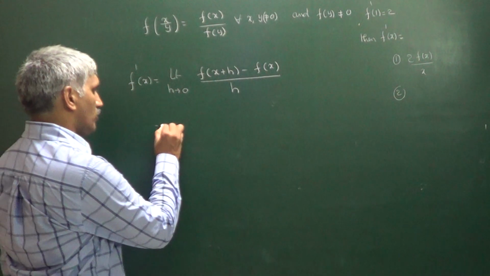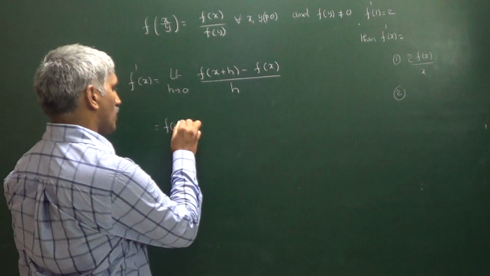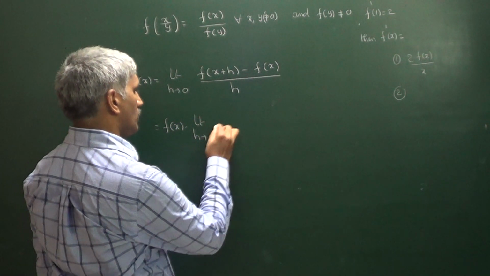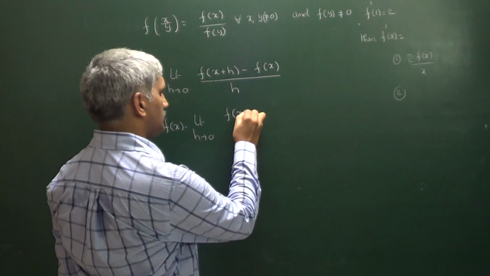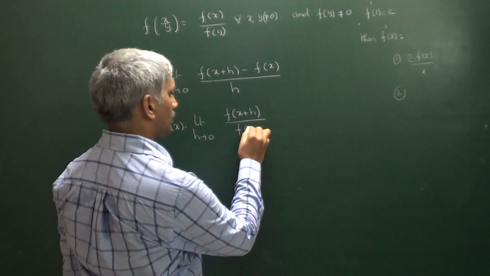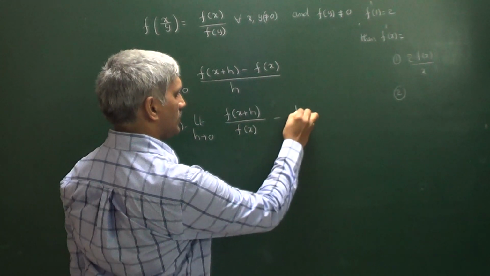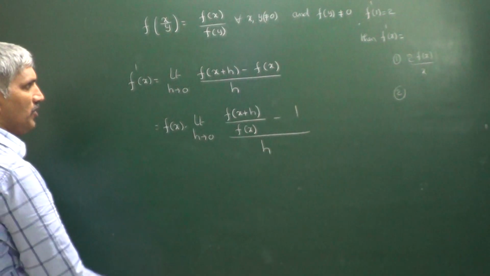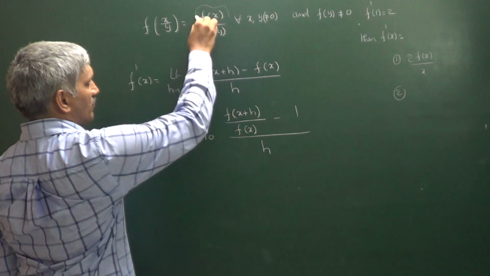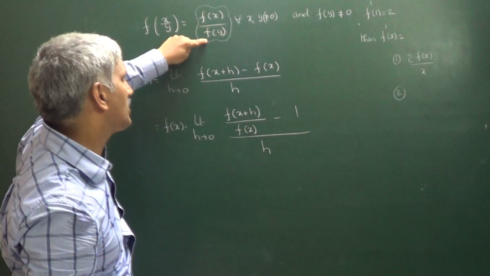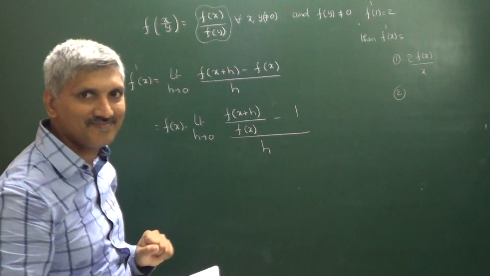So if you take f of x common, f of x into limit h tends to 0, f of x plus h divided by f of x minus 1, whole divided by h. Check now, can we apply this functional equation or not? f of x by f of y, we can write f of x by y.